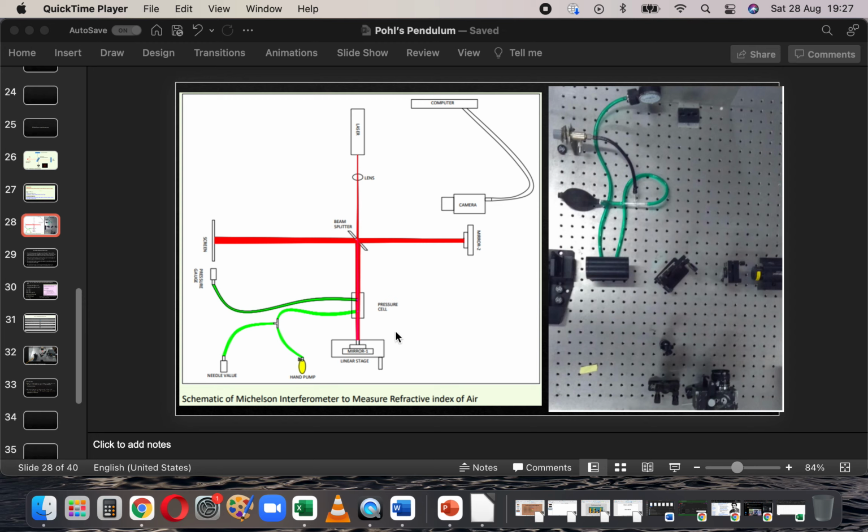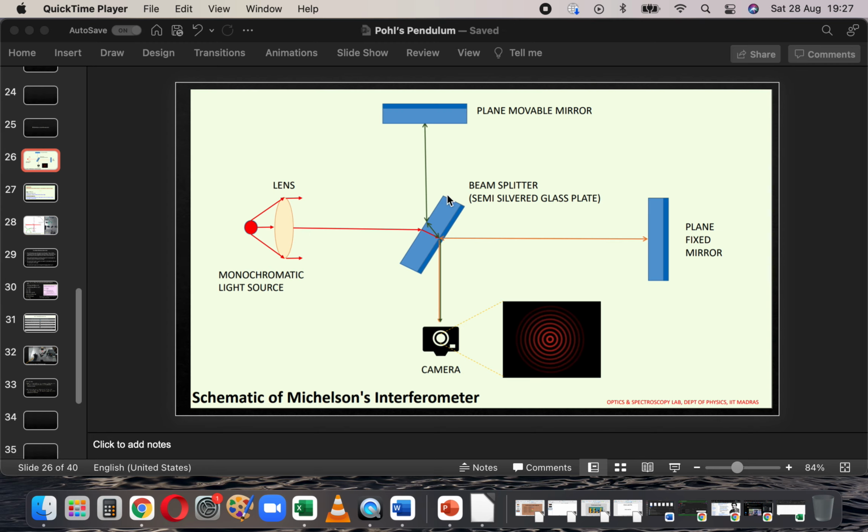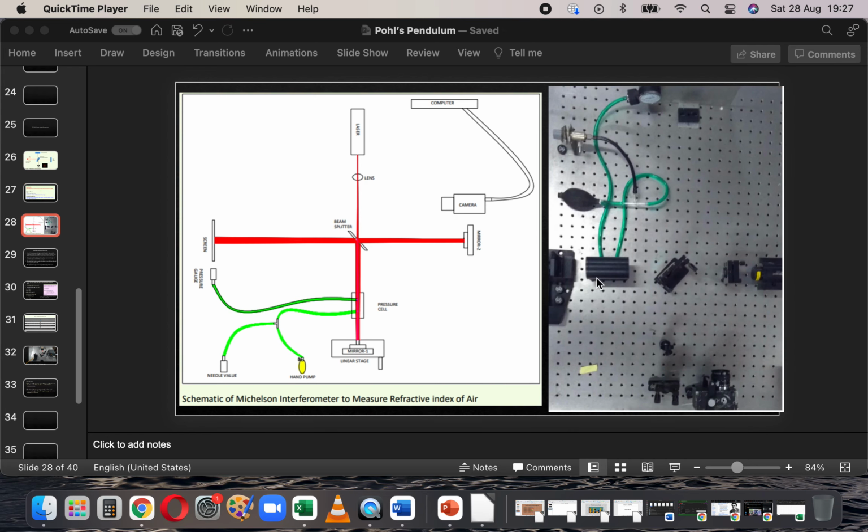For the first part, to measure the refractive index of air: in one of the arms of the interferometer, that's one arm and the other arm, you have a glass cylinder attached to a pressure gauge, and a small balloon with a hand pump where you can pump air into the glass cylinder.